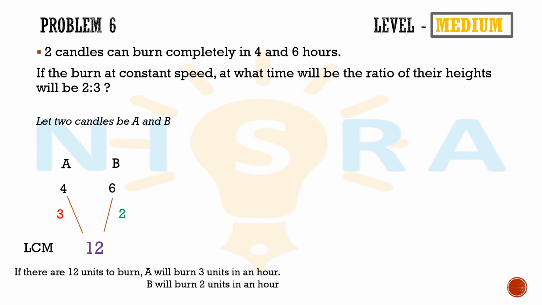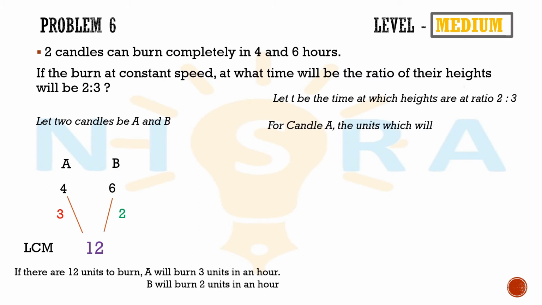Here we have to determine time. So let t be the time at which the heights are in the ratio 2 is to 3. For candle A, the units remaining can be written as 12 minus 3t. For candle B, the units remaining can be written as 12 minus 2t.